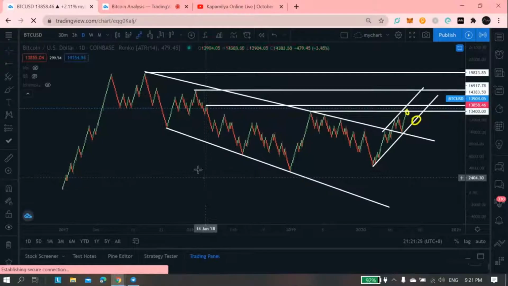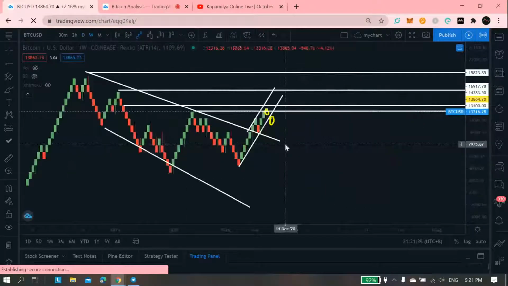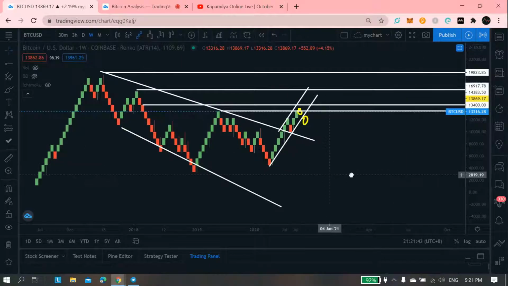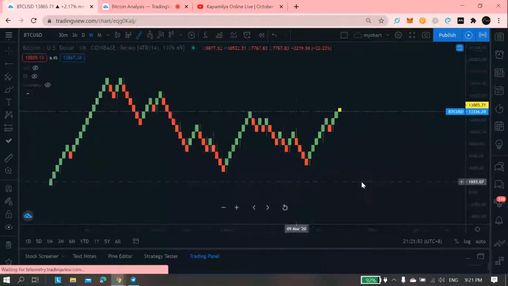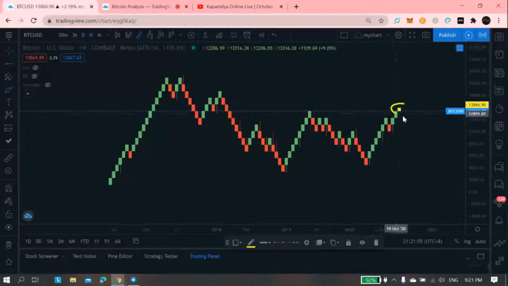Now let's look at the weekly time frame. If you look at the weekly time frame, it's still bullish. Let's remove all the drawings so that we can see it. Currently, as you can see, it's forming a possible bullish Renko bar.